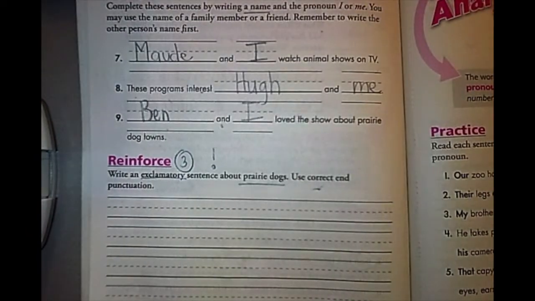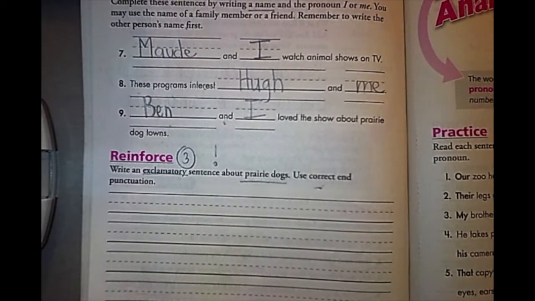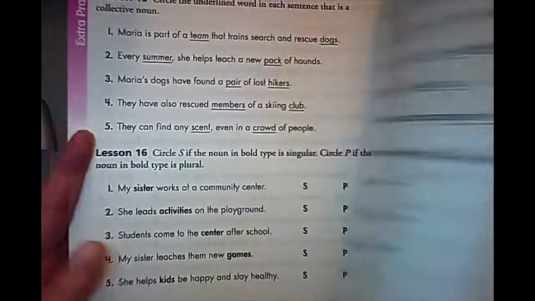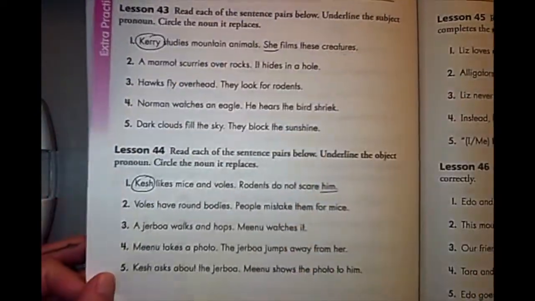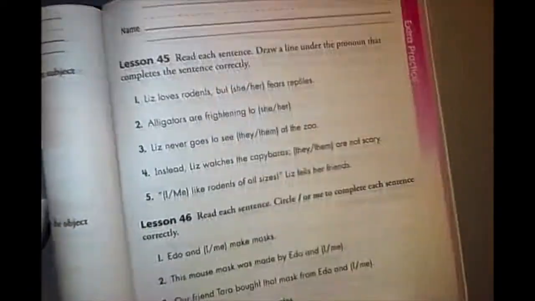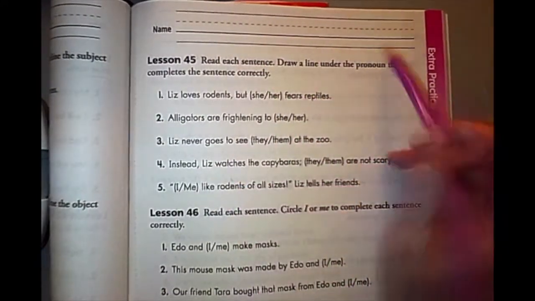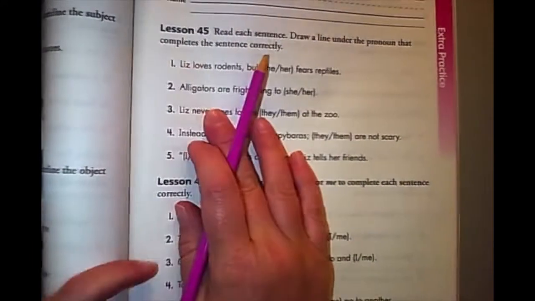We are not finished there, but what you're going to do is turn to your pages 200 and what? 211. And we are going to do section 45 and 46 for homework, since the last 2 things were classwork. We'll do number 1 together.